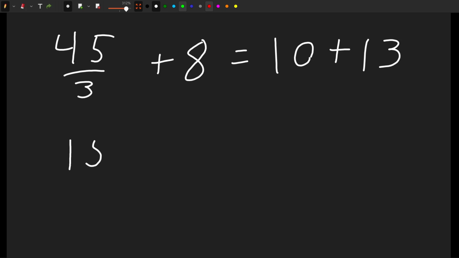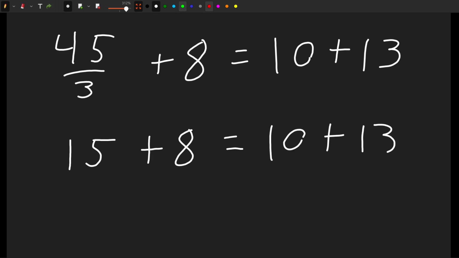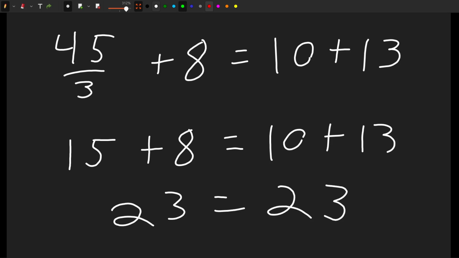So this is really 15 plus 8 is equal to 10 plus 13. 15 plus 8 is 23, and 10 plus 13 is 23. So my answer is correct. My answer being 5 thirds is correct.